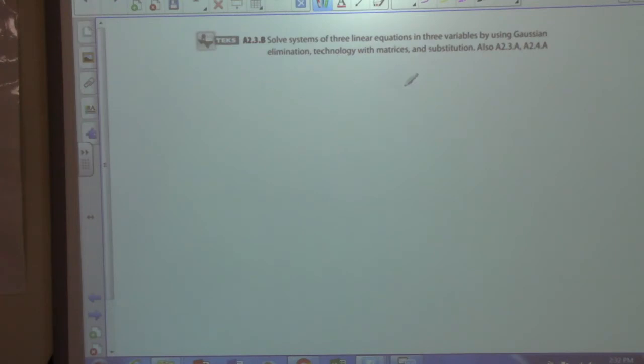The techniques we're going to be using are solving by substitution, which is where we're going to concentrate today's instruction, and also elimination. And finally we're going to go to technology with matrices, where you're going to use your calculator and solve systems using your calculator. And most people really like that last section. But we're going to start with substitution today.